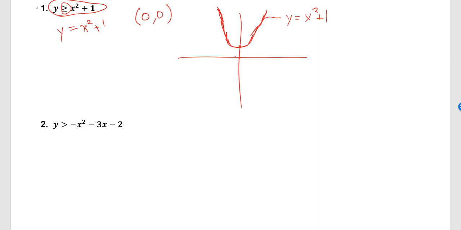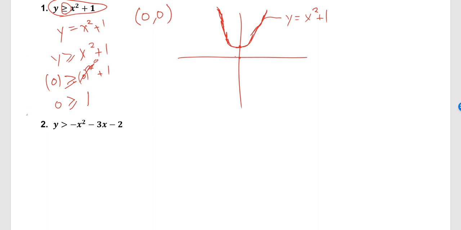Okay, so let's try it out. So we have y is greater than or equal to x squared plus 1, right? If we plug in 0 for x, 0 squared plus 1, and we plug in 0 for y, we have 0 is greater than or equal to 0 squared, which is just 0, plus 1, which is just 1.